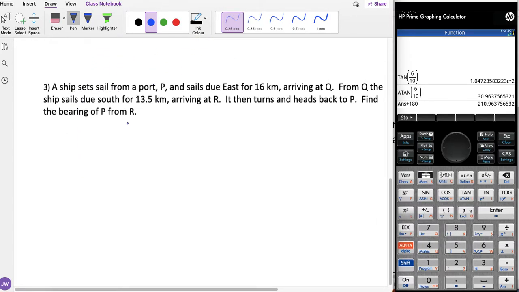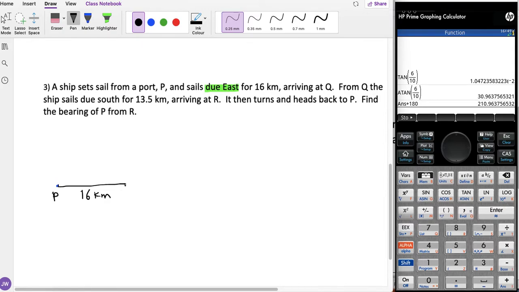A ship sets sail from a port P, and then it sails due east. When you hear due east, that means exactly east, so you just draw a horizontal line.